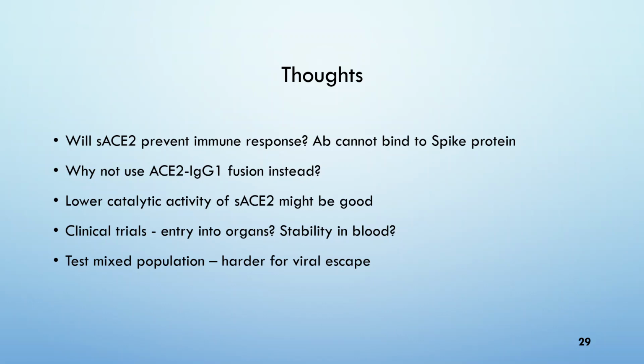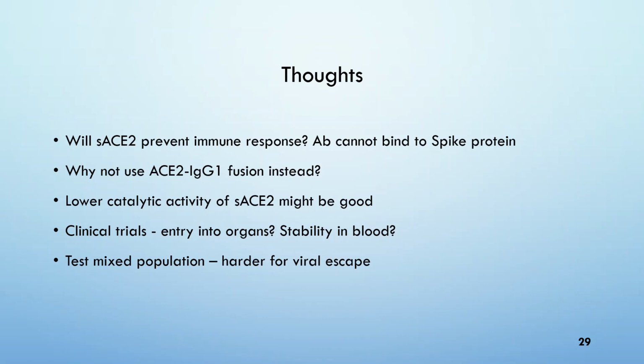So just some thoughts on the research. I was thinking whether this soluble ACE2 treatment will prevent immune response since most of the antibodies bind to the same site as the ACE2, and whether or not now with this treatment you cannot have your antibodies binding to the spike protein to have an appropriate immune response.